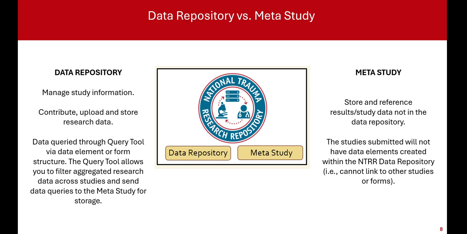The meta-study can also be used to store and reference results and study data that are not presently in the data repository. So investigators can upload entire data sets in Excel formats or similar fashions, and then these studies will not be linked to any common data elements or unique data elements within the data repository.